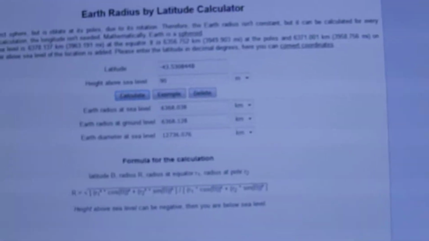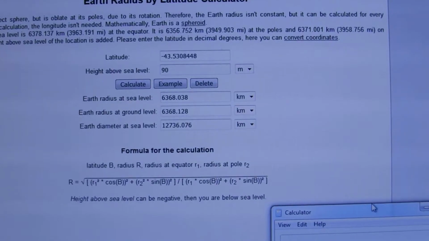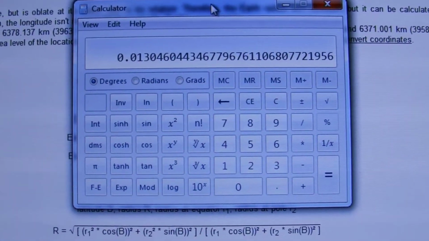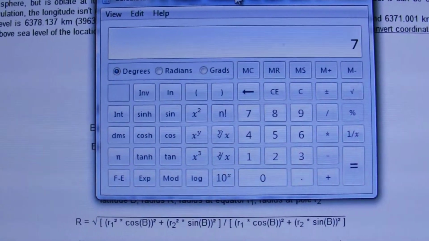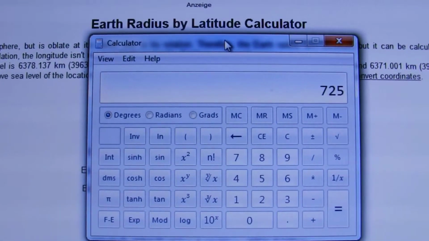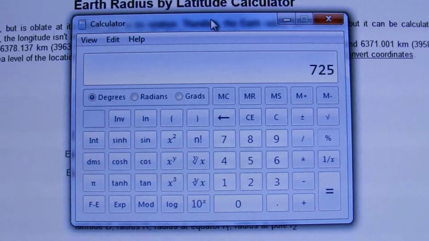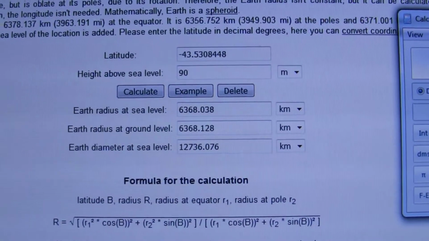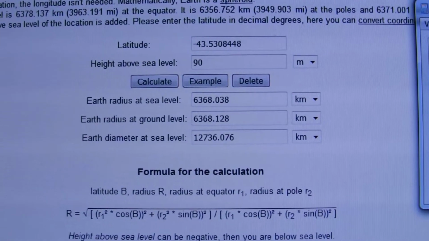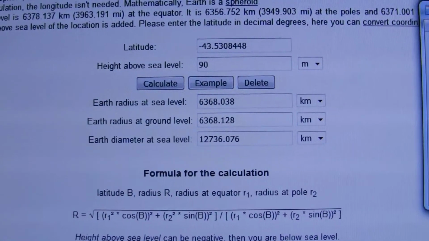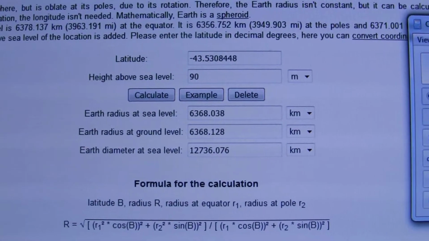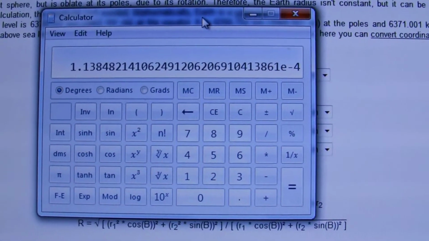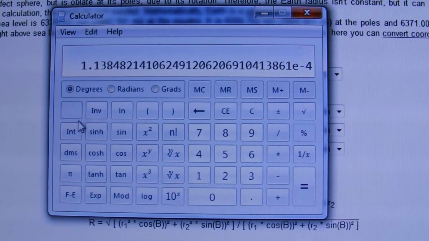And having done that, you can bring up the calculator. I have a number here. We know that distance. It was, what was it? 725, was it, meters? Divided by 6368128 meters. 6368128 is that many radians.